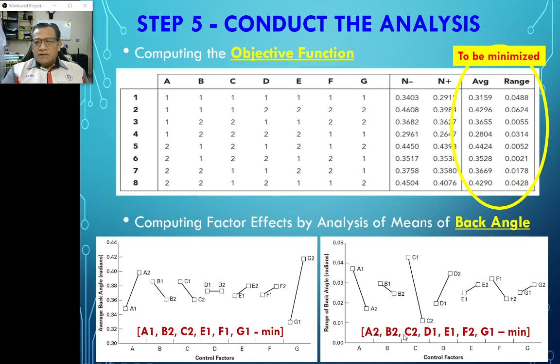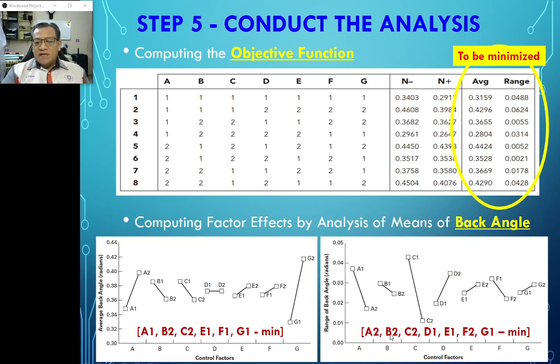So you take a look on the range of the minimum measured value of set point, which is A2, right? So B2, which is this combination, C2, D1, E1, F2, and G1. So as a result, since you want to achieve the minimum back angle movement, you have to make decision.